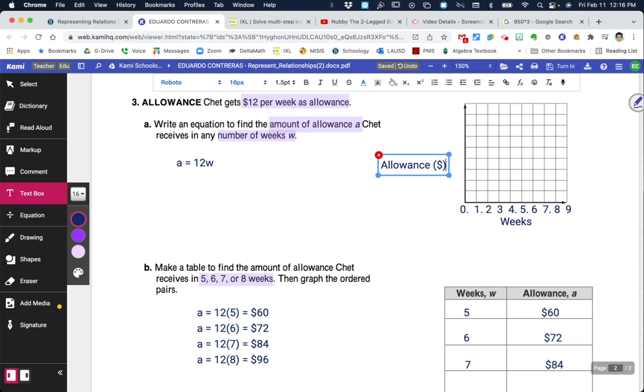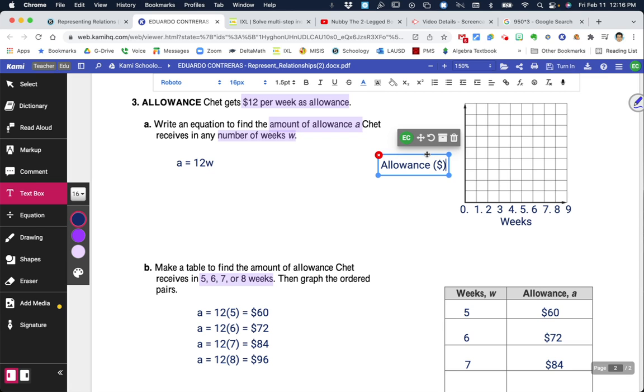We're going to flip this. Have you guys ever flipped text on a Cami? If you know what to do, go ahead and do it. If you're not sure, what you want to do is just hover over your word, the blue part where the box is, and you're going to see a few tools pop up. The third one, the one with a little circle showing rotation, that's the one you want to hit.